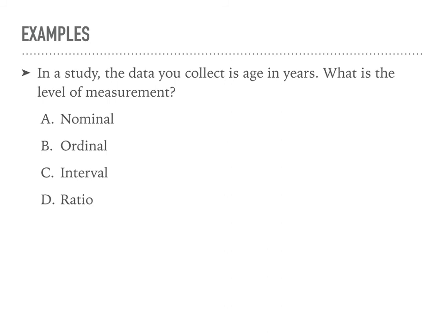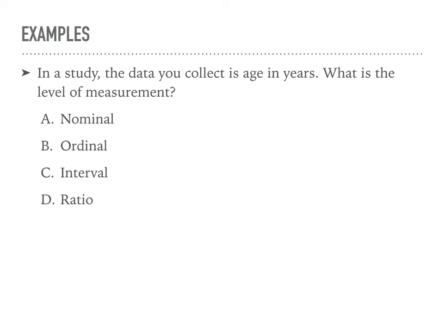In a study, the data you collect is age in years. What is the level of measurement? As we look at this and think about it, we see that age is going to be a number, which is a quantitative type of data.